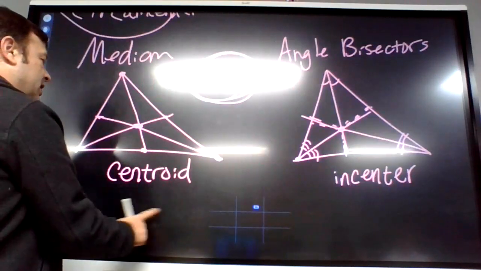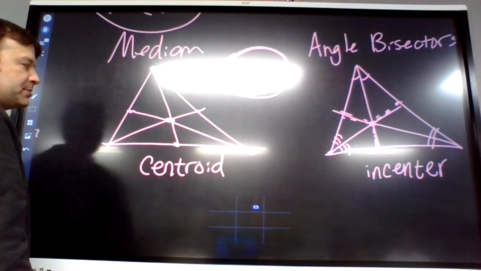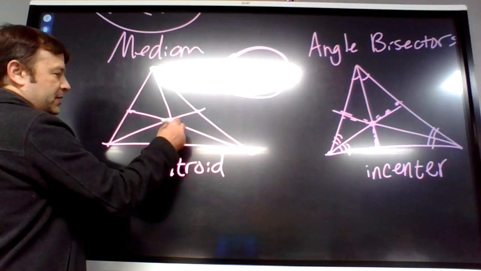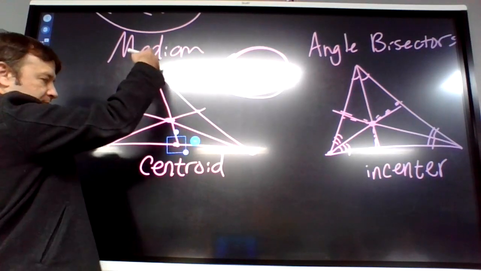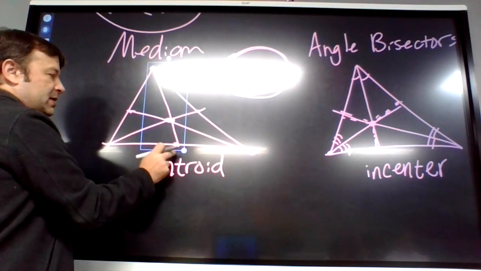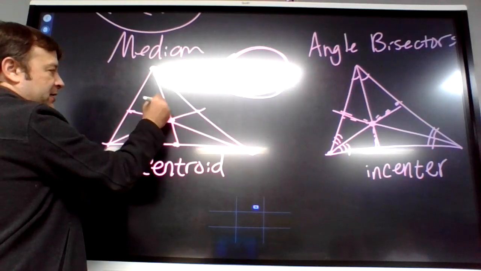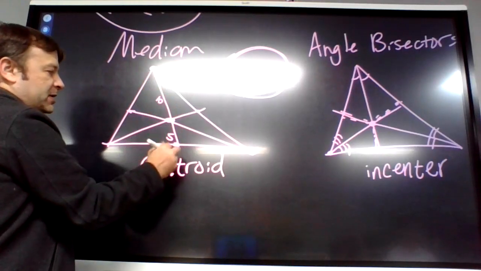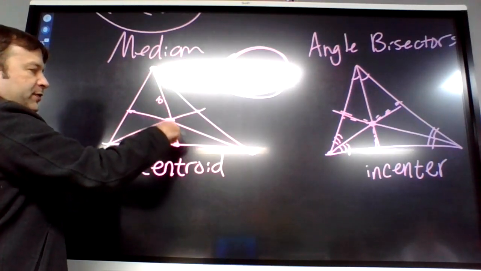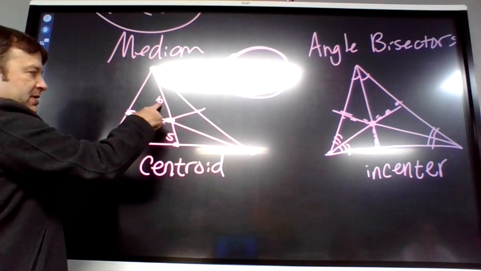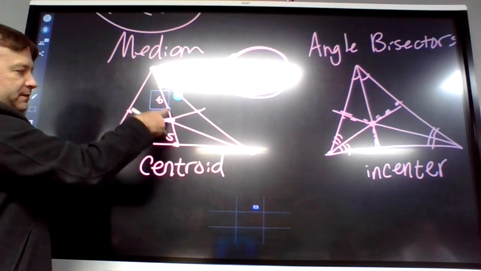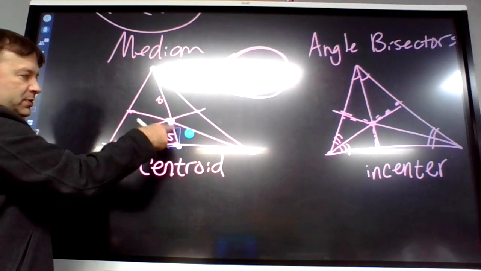Okay, and there is something about the centroid. The centroid meets 2/3 of the way from the vertex to the other side. So if this was like 10 from here to here, this would be like 5 from here. This is 1/3 of the total distance. This is 2/3 of the total distance. 10 is 2/3 of 15. 5 is 1/3 of 15.